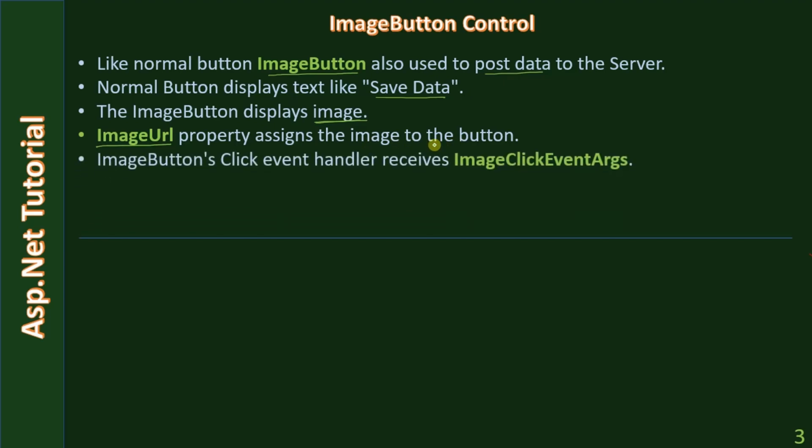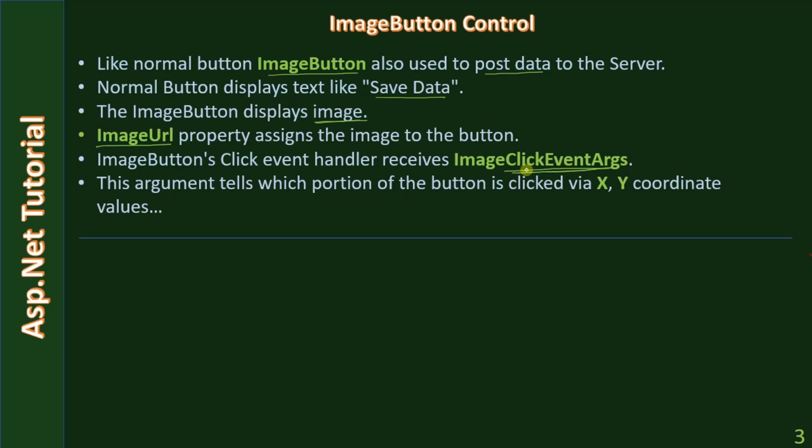The ImageButton's click event handler receives ImageClickEventArgs. So using this event arg, we can know the location of the click. This argument tells which portion of the button is clicked via X and Y coordinate values.